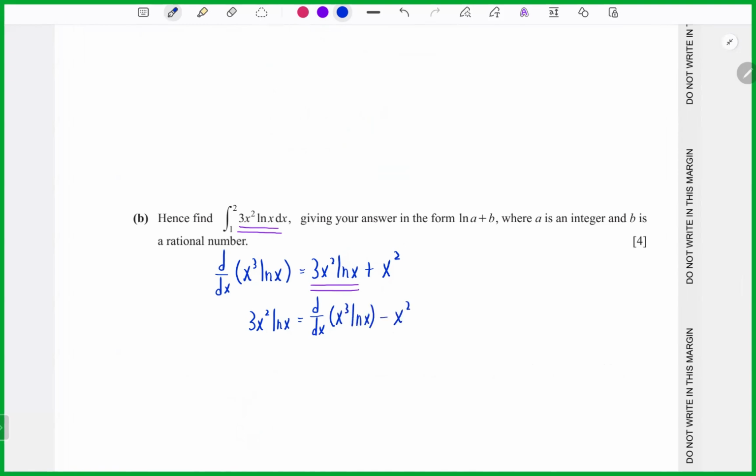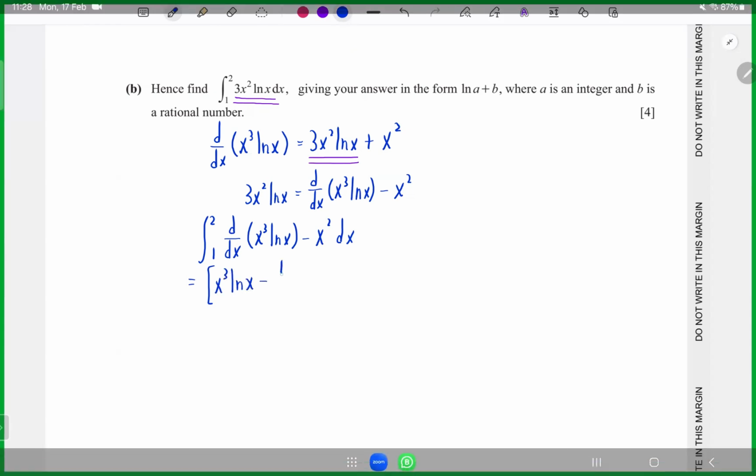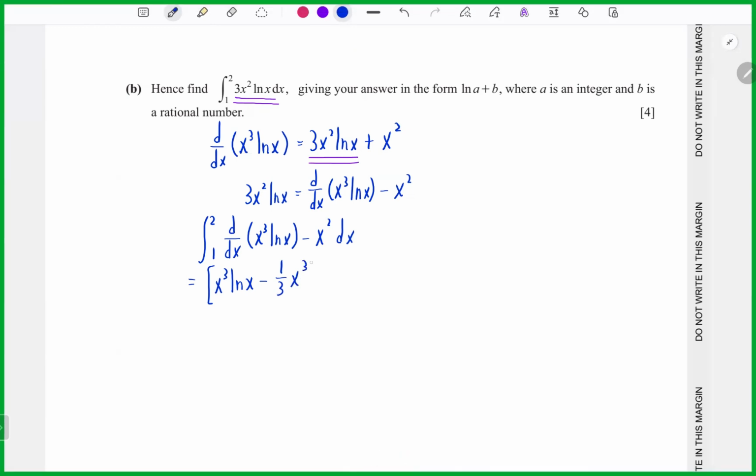minus x squared. So you can write here, integrate from 1 to 2 of d/dx (x cubed ln x) minus x squared dx, which equals x cubed ln x minus 1 over 3 x cubed, from 1 to 2.